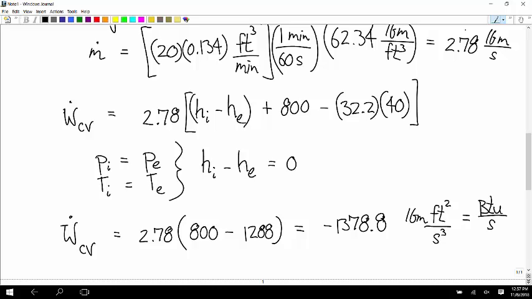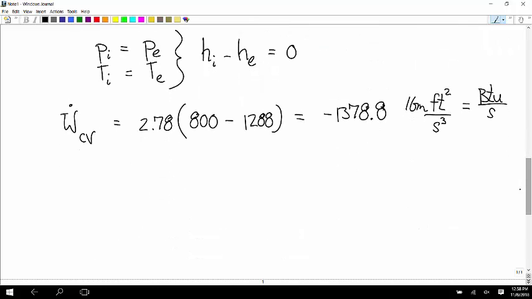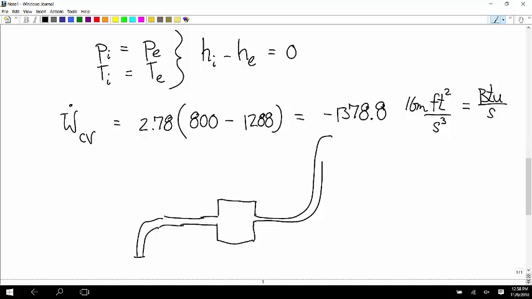Okay, does the sign make sense? So here's basically our system. We're pulling stuff out of this reservoir, then here's the body of the pump, and then it's lifting it up to a height of 40 feet.